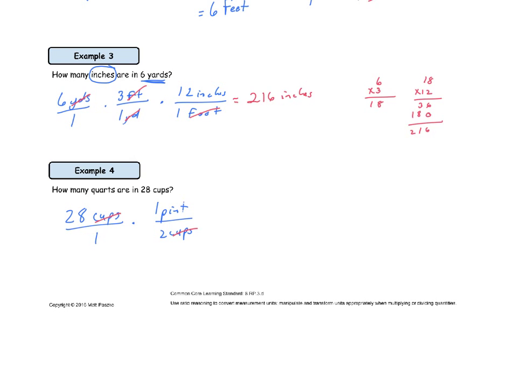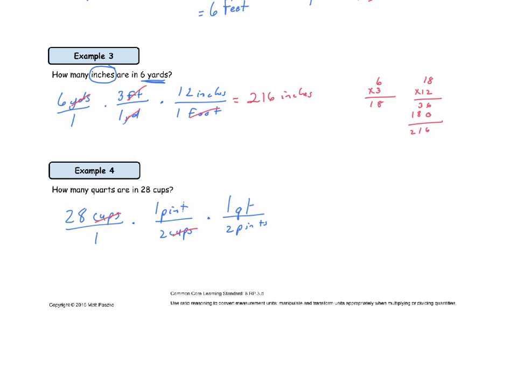That doesn't get us to our answer just yet. Using the reference table, I see another rate that we may be able to use, and it's converting pints to quarts. I can see that 2 pints in the denominator is equivalent to 1 quart.